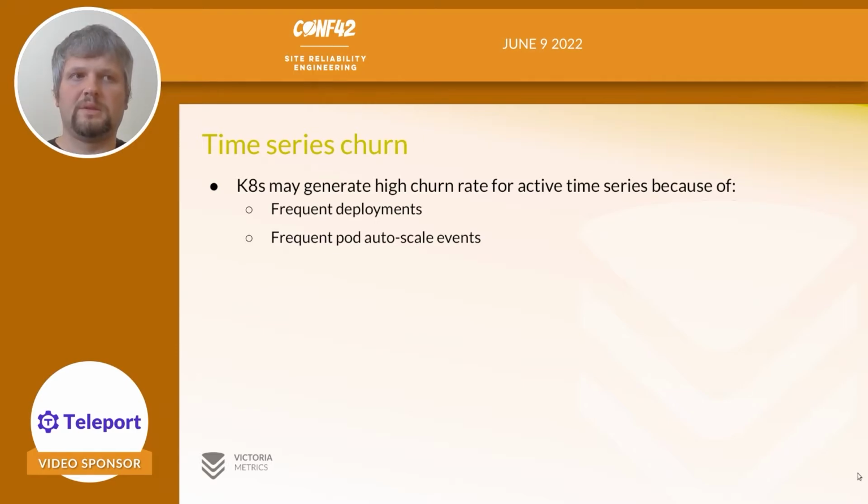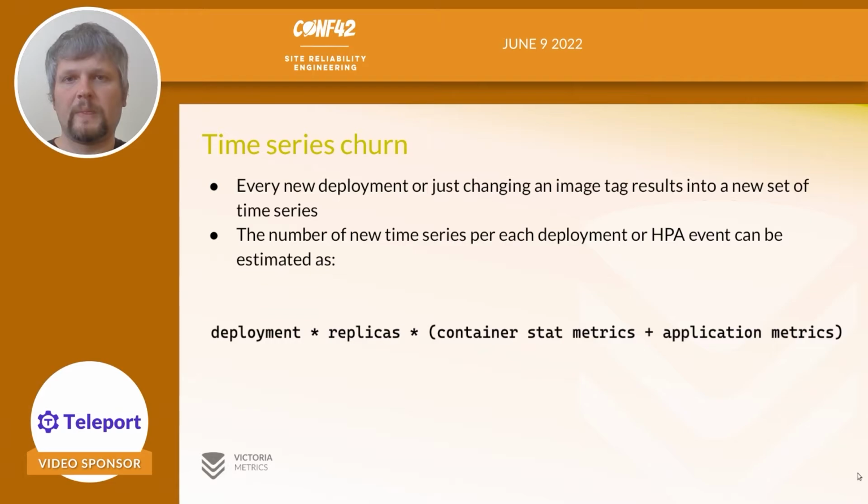Another source of a high churn rate is pod autoscale events. When pods scale, new pod names appear, and metrics for these new pods should be registered in the monitoring system, and this generates a high churn rate. The number of new metrics generated with each deployment or pod autoscale event can be estimated as the number of container stat metrics for this application, for each instance of this application, plus the number of application metrics.